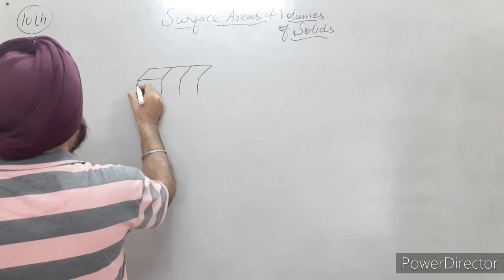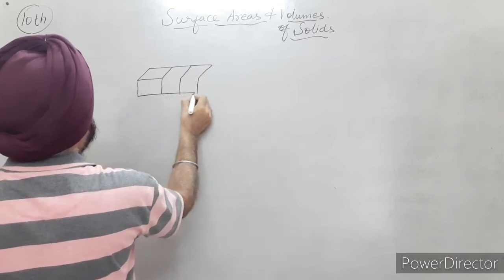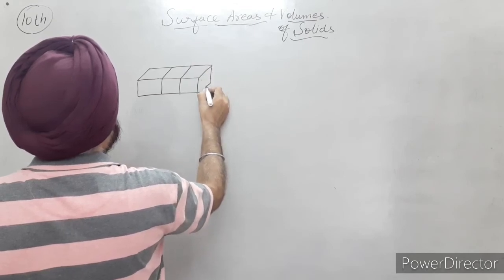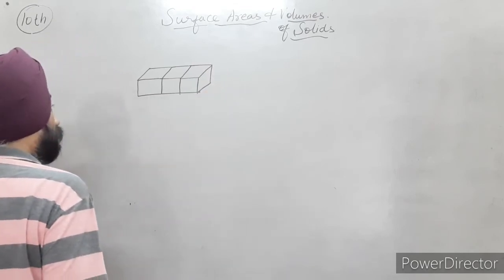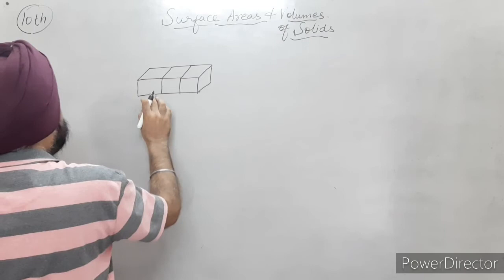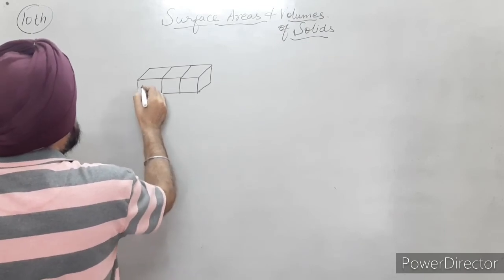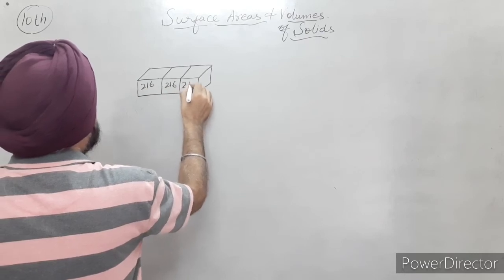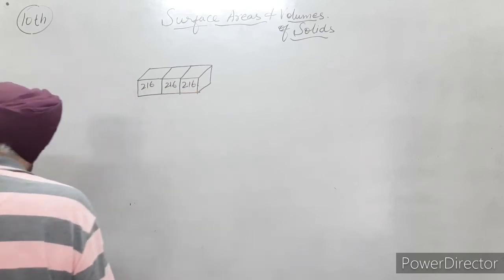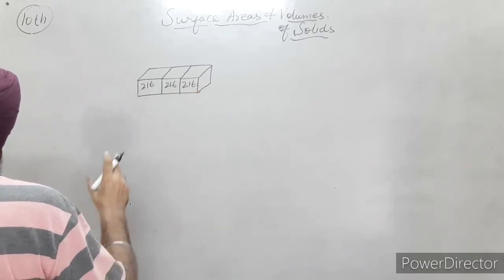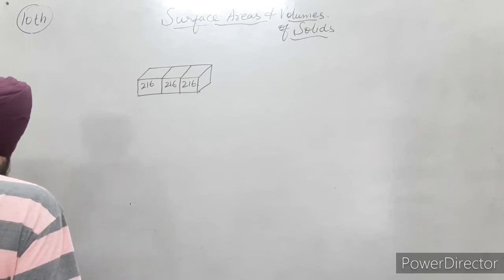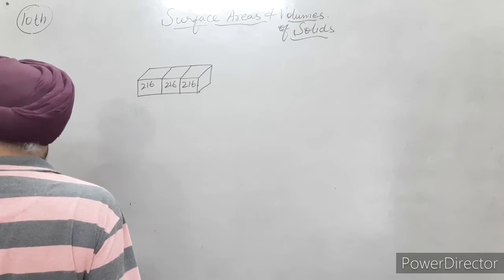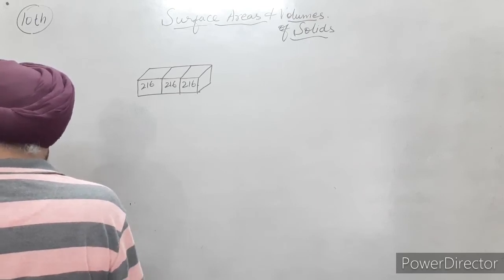Like this, 3 cubes are joined from end to end, that is, edge to edge. Each has volume 216. They are joined end to end to form a cuboid. Now find the total surface area of the resulting cuboid.